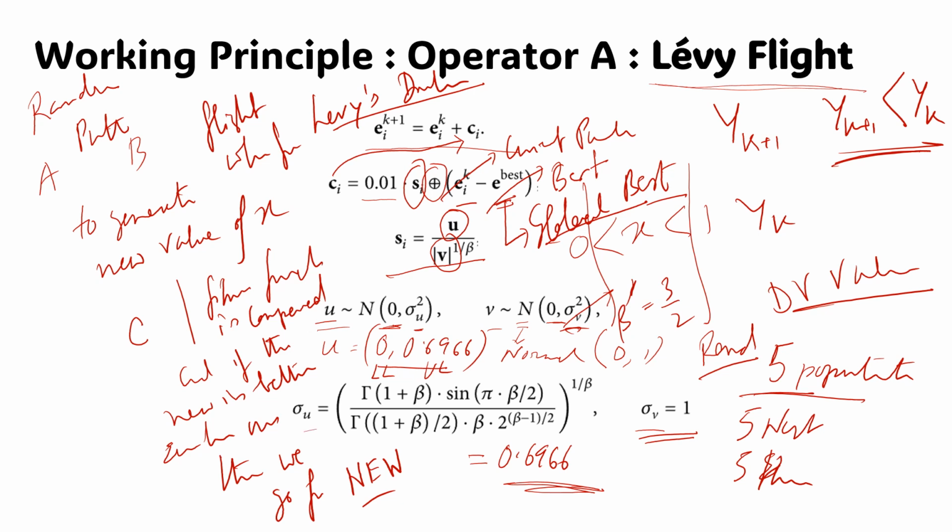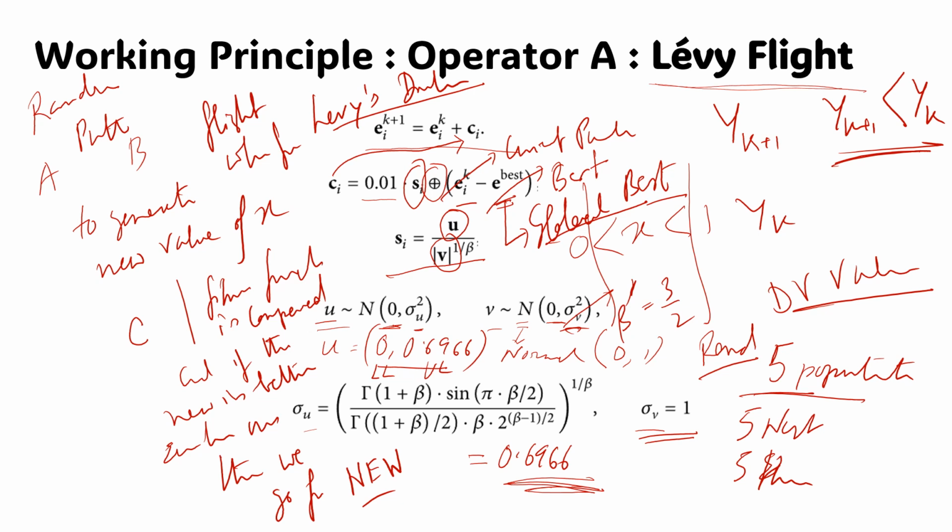And this is gamma U. I have already said that this gamma U, or gamma distribution of beta, will give you a value of 0.6966. Now for each iteration, U is randomly generated or follows a normal distribution pattern, but it generates a new value at every iteration.